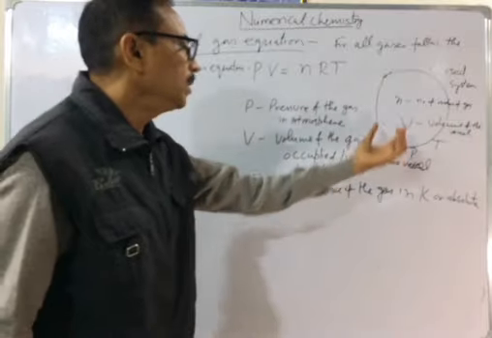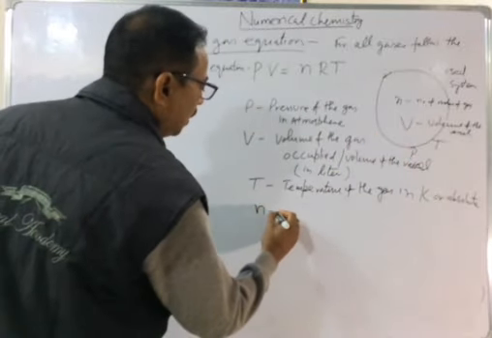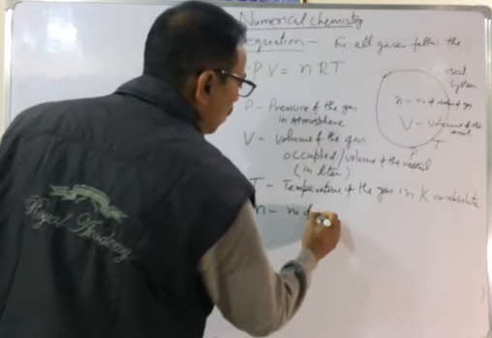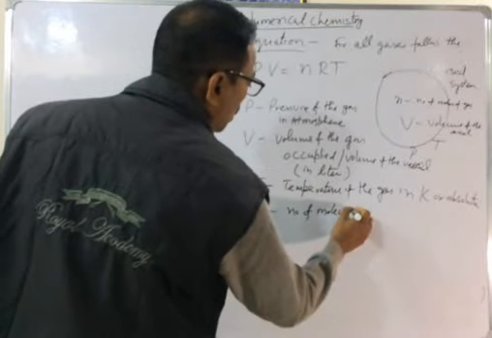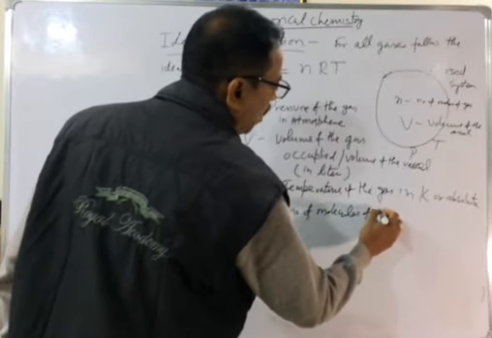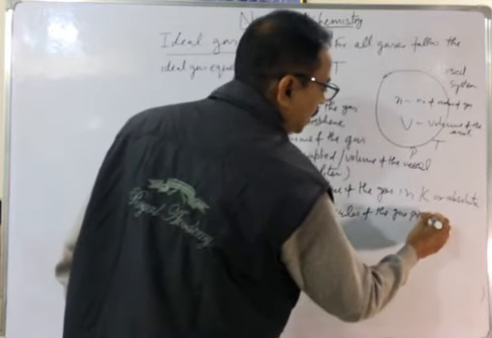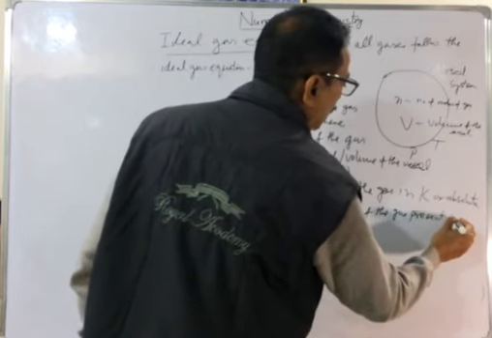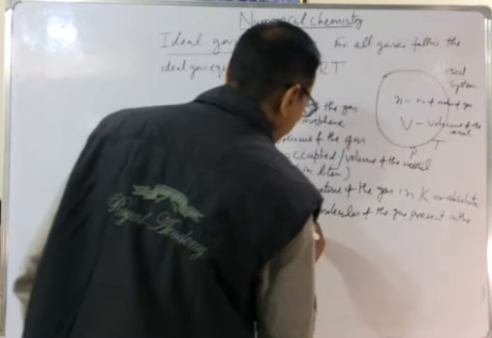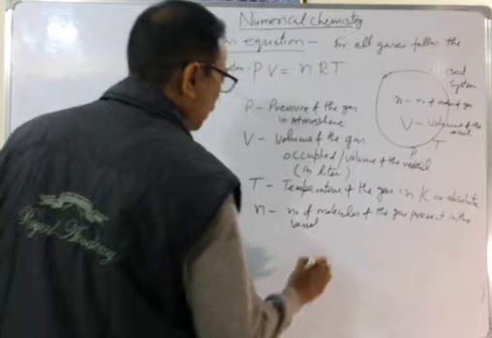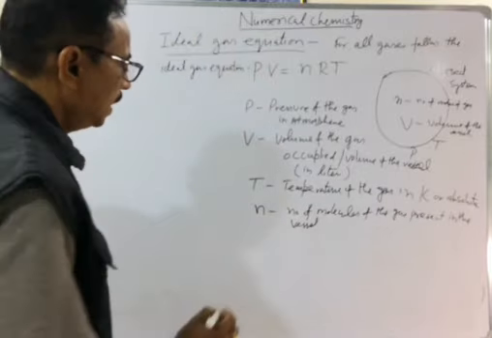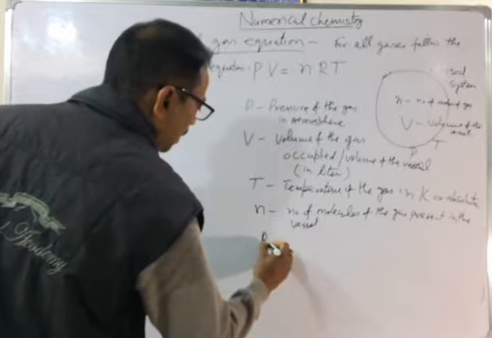So T is the temperature of the gas, and n is the number of moles of the gas present in the vessel. And R is the gas constant.